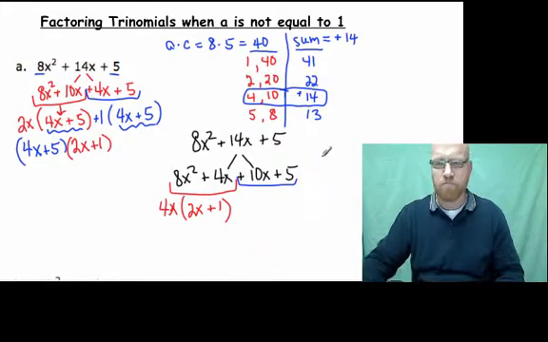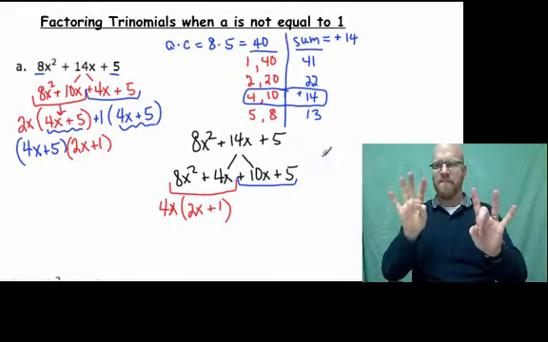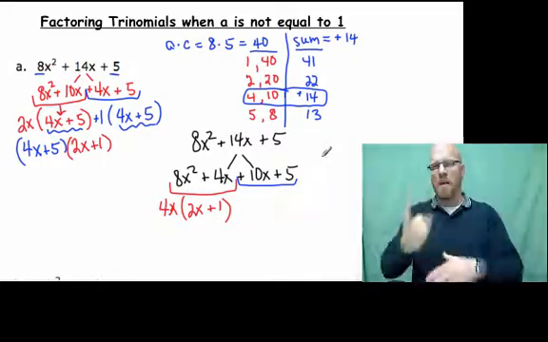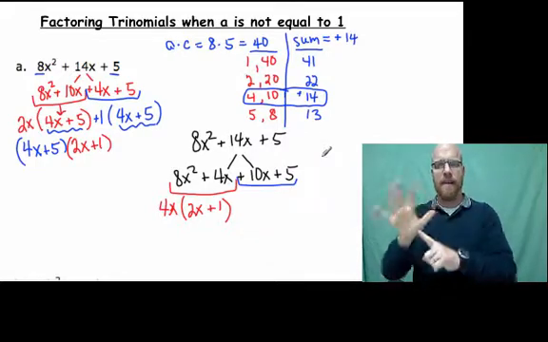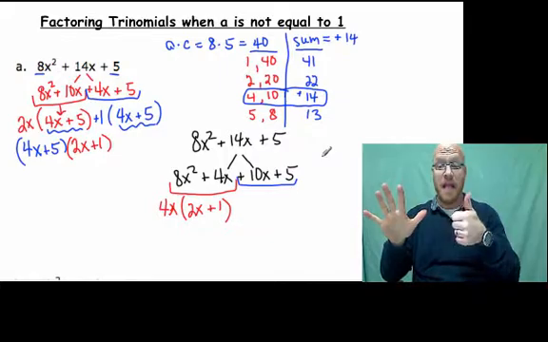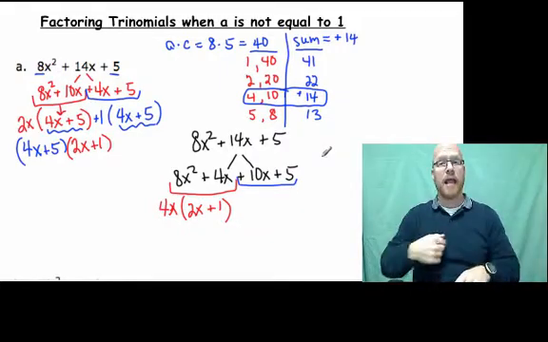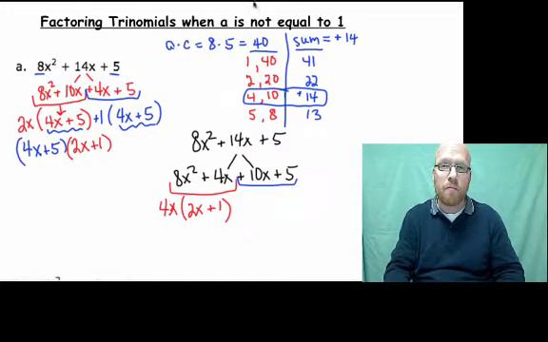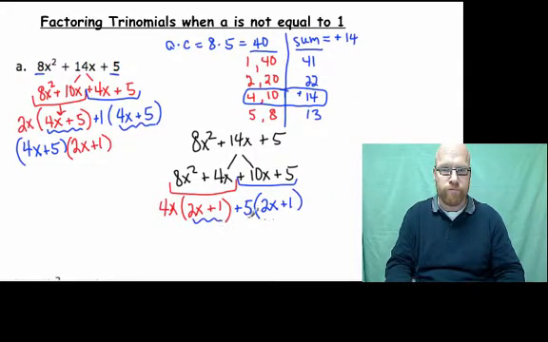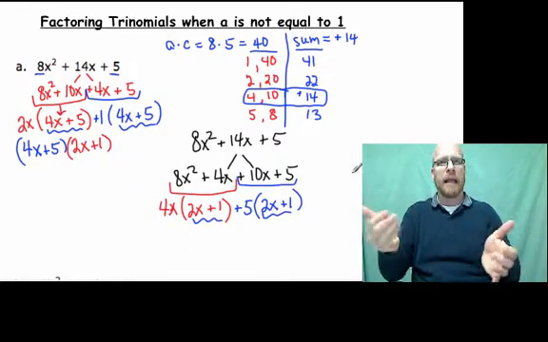Now, for the first two terms, I divided out by a 4x. 4 divides 4, and 4 divides 8. Now we have our last two terms, 10x plus 5. Well, they are multiples of 5, so I can divide by positive 5 and see what's left on the inside. Now, again, we're going to pull out our common term.